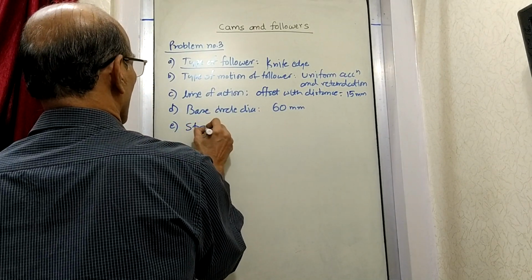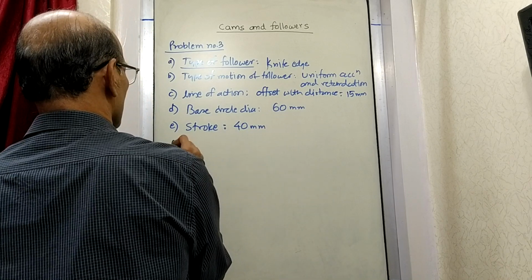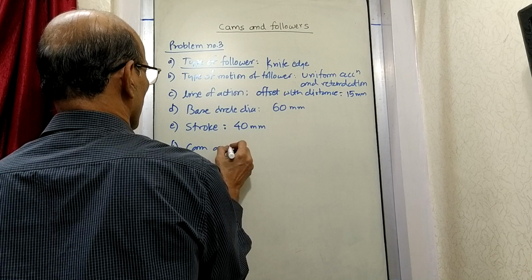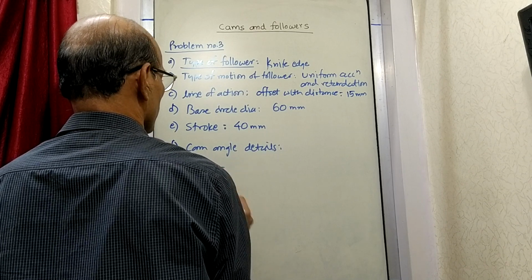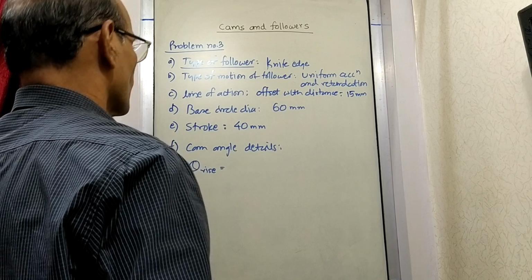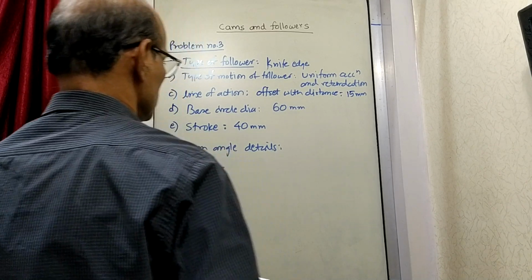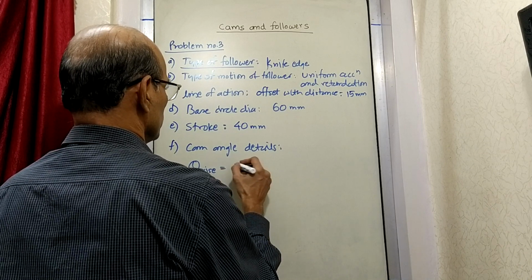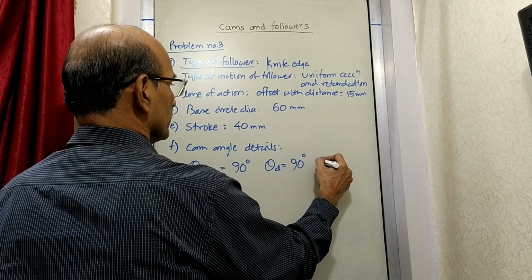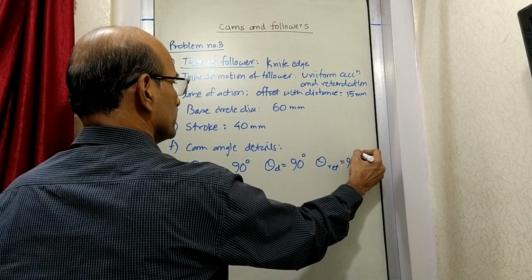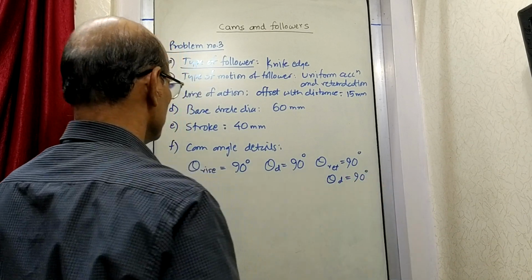Stroke, say maybe again 40 mm. Cam angle details: theta rise, say 90 degrees, theta dwell 90 degrees, theta return 90 degrees, and remaining is again theta dwell, remaining 90 degrees.